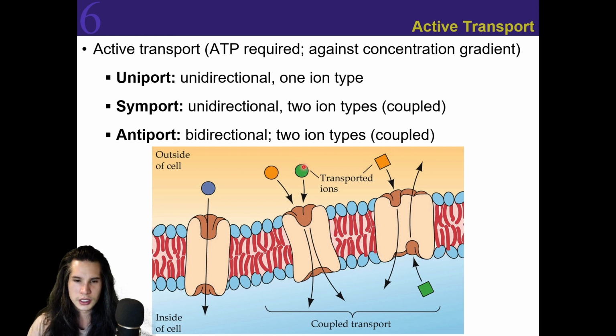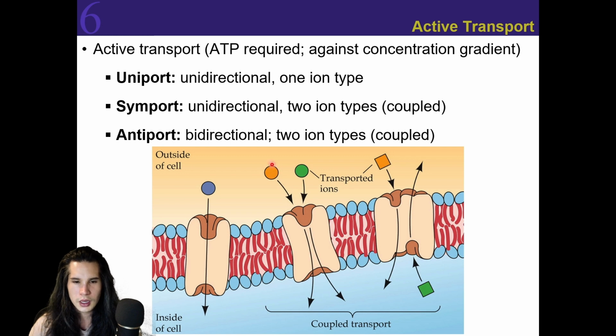Well, that's going to actually take energy to move this from the outside to the inside. However, the benefit of a symport is that you could actually use that potential energy of the concentration gradient of this orange one and its desire to move into the cytoplasm. You can use that potential energy to actually drive forward the movement of this green one against its concentration gradient.